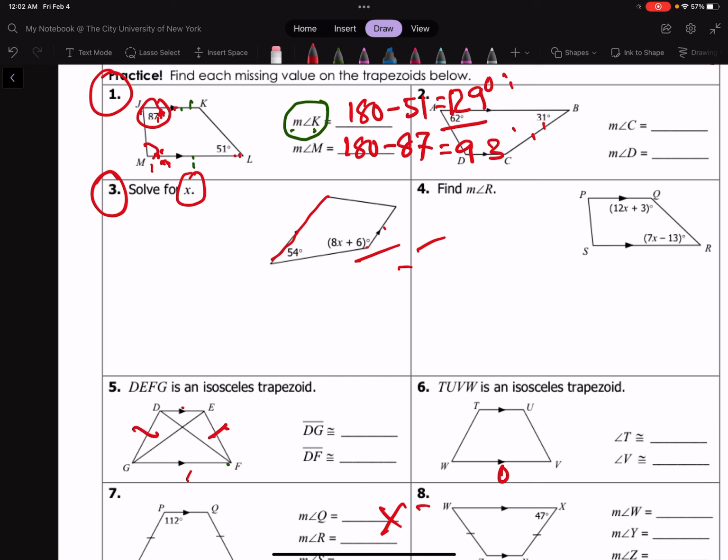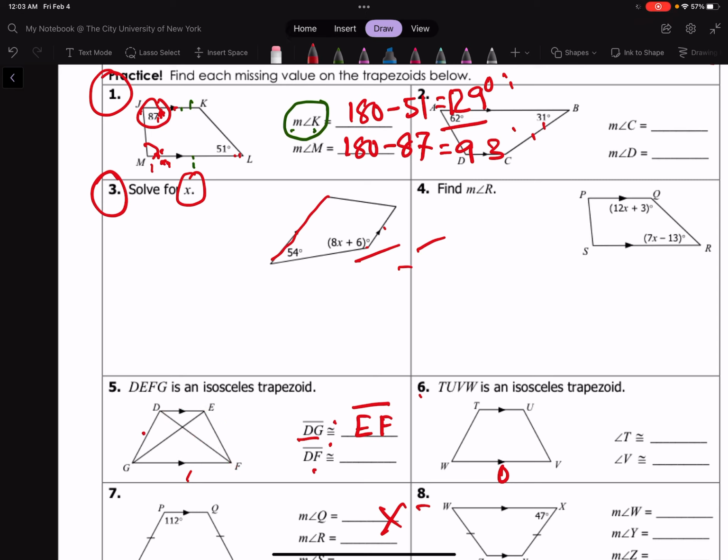Label them. And now, if you look at it, what they ask for: DG is congruent to what? Obviously EF. So you say EF. And DF? Okay, what do you see? What is DF? It is connecting two opposite vertices in a quadrilateral.